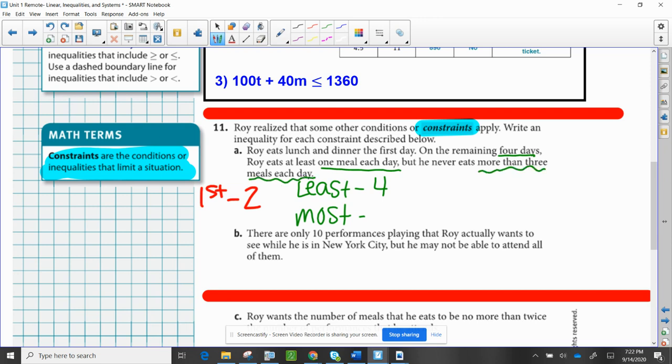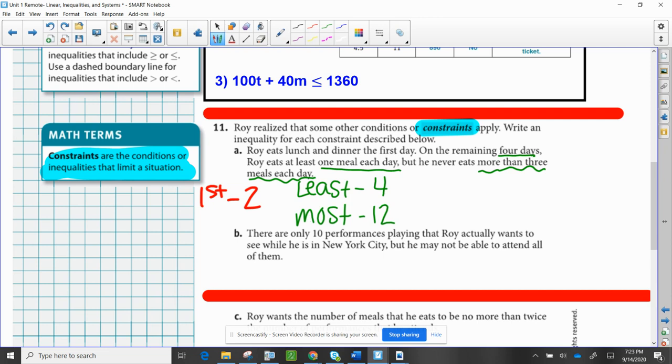So if he has 4 days and he eats 3 meals for each day, what's at most then? How many would he have? Well, 3 times 4 would give me 12 meals. Okay, so on the first day he eats 2, and then the least amount of meals after that he would have is 4 if he just has 1 a day. The most amount he would have after that is 12 if he has 3 meals each day.